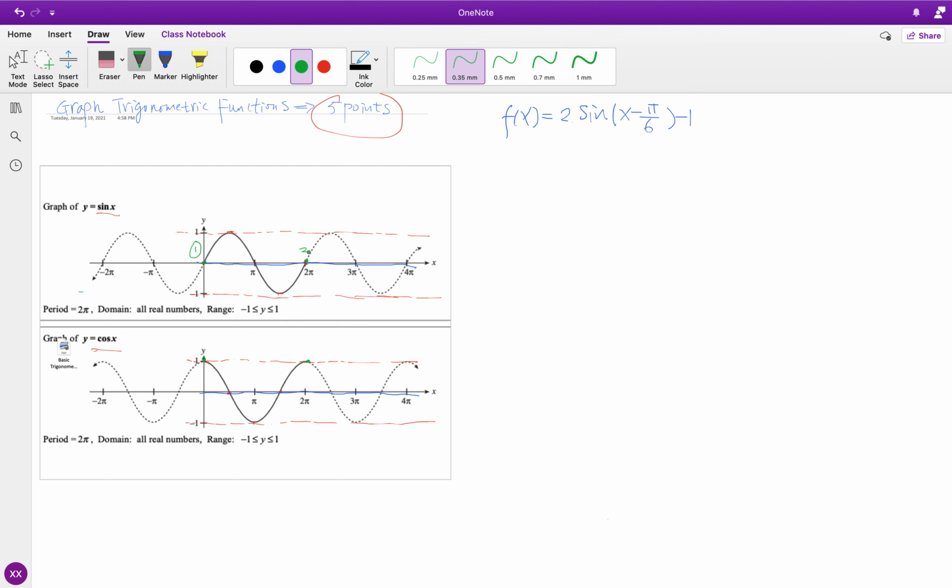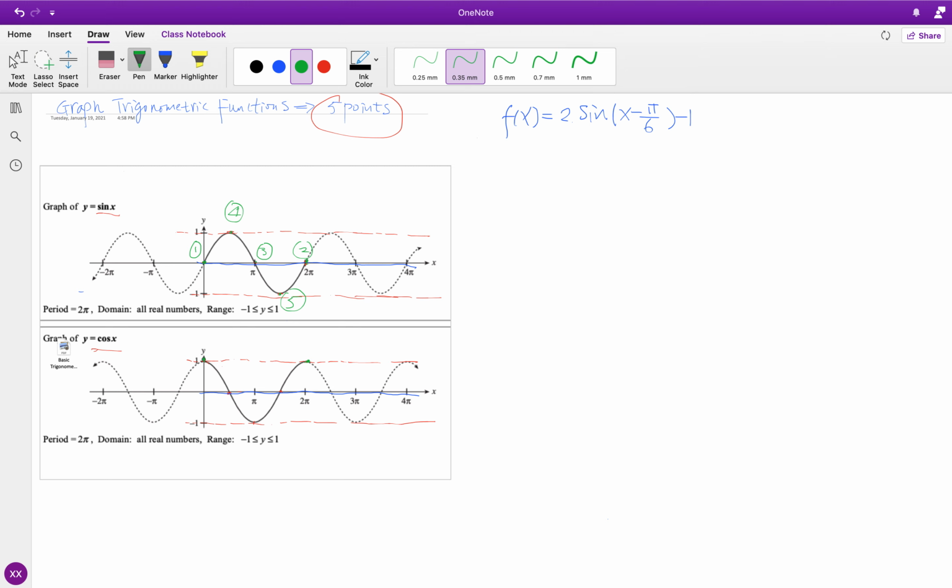Now this is our second point. Now this one is our third point. And then our max and our min. So this would be our 4th point. And this would be our 5th point. So if you have these points, then you connect them, and then your sketch is here.